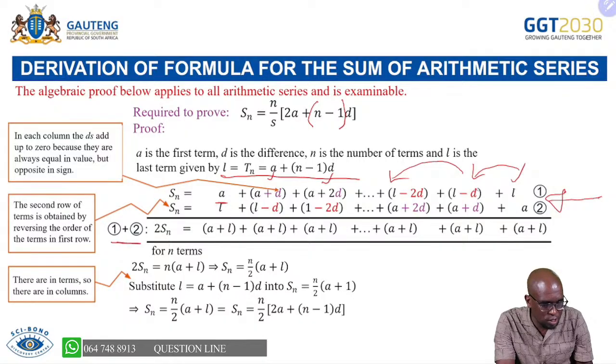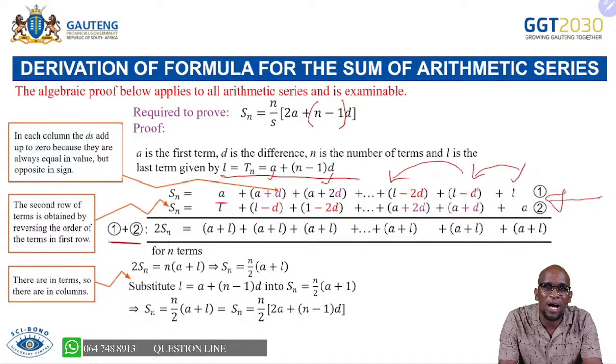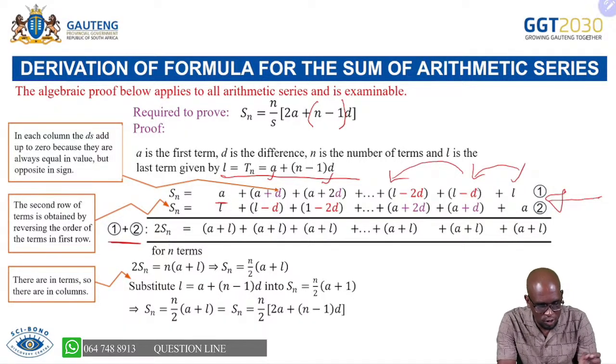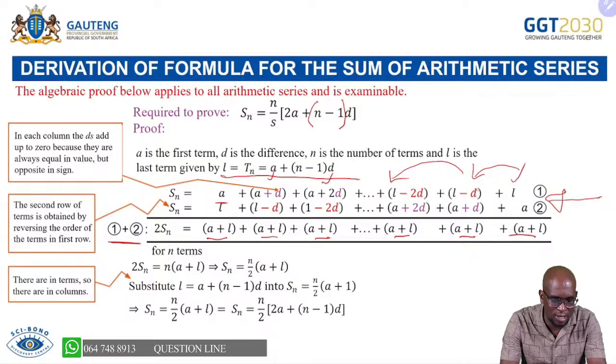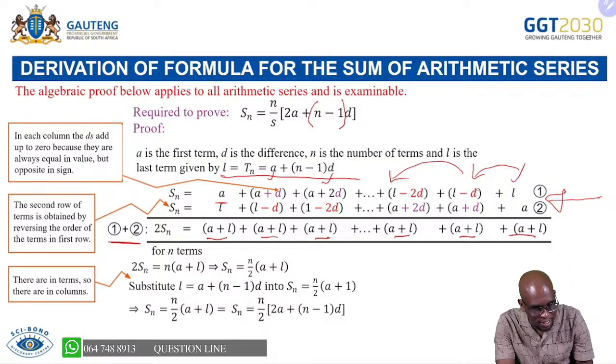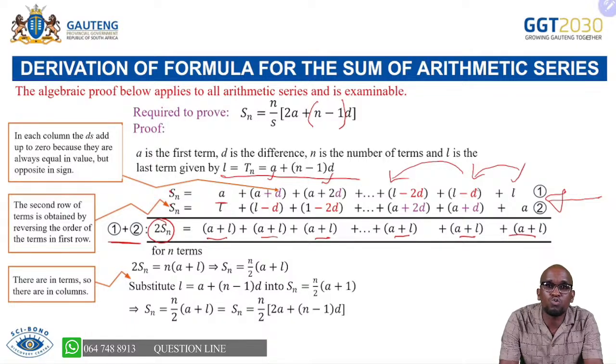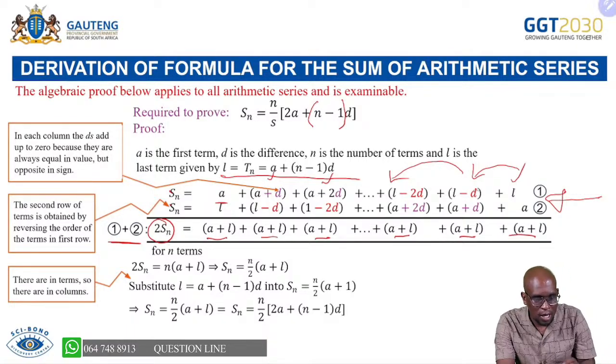Now what you do is you add equation 1 and equation 2. In doing so, you can see you get a plus L, a plus L, a plus L, a plus L. So throughout you are getting a plus L. And remember, this was Sn plus Sn, which gives you 2Sn. Now, how many a plus L's are we having?